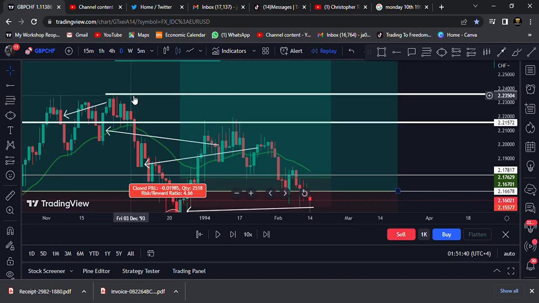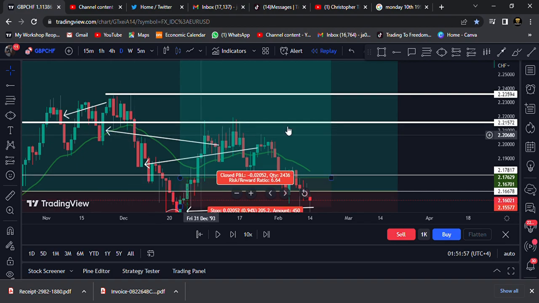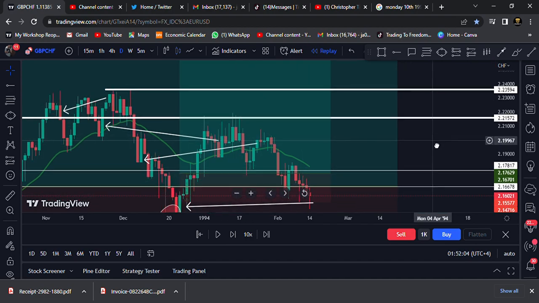So you see, this is the highest point, or that is the highest point here. Then the head of the highest point is where I put my first level. It should always be like that. Then in between here, you don't trade. Whatever happens inside here, you don't do anything.